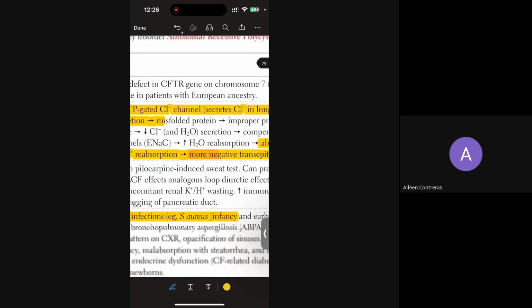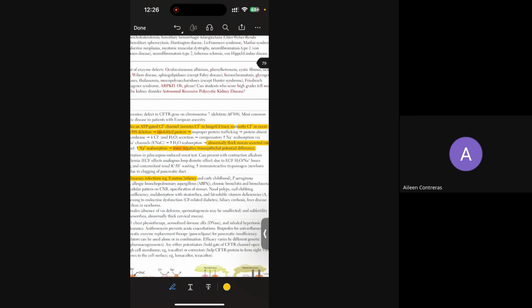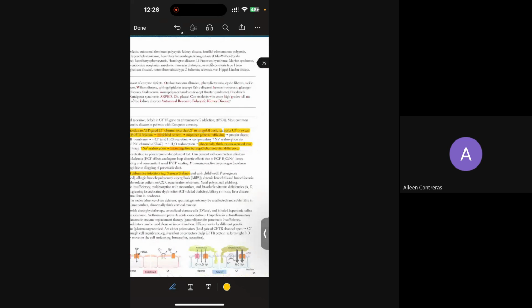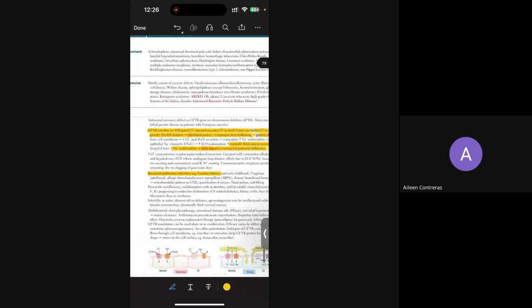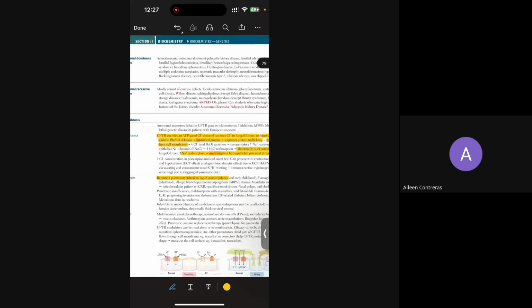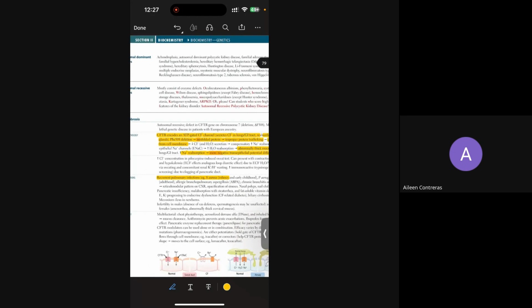The protein becomes misfolded, and there is improper protein trafficking due to which the protein is absent from the cell membrane. The protein is misfolded due to the mutation of the phenylalanine amino acid. It leads to impaired post translational processing.